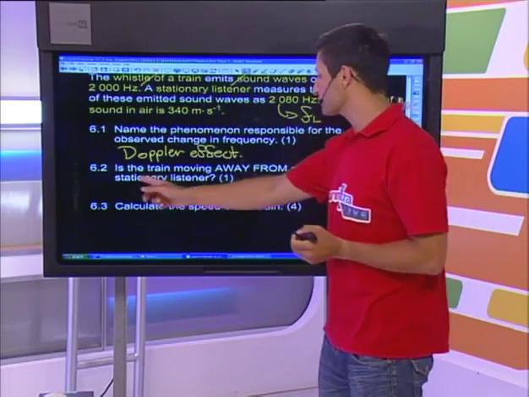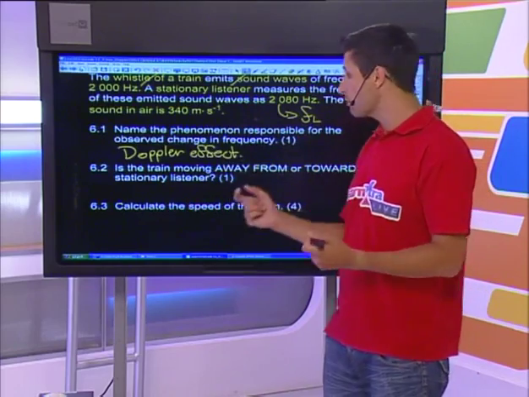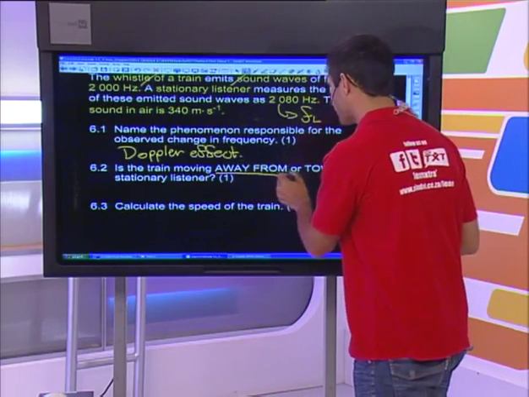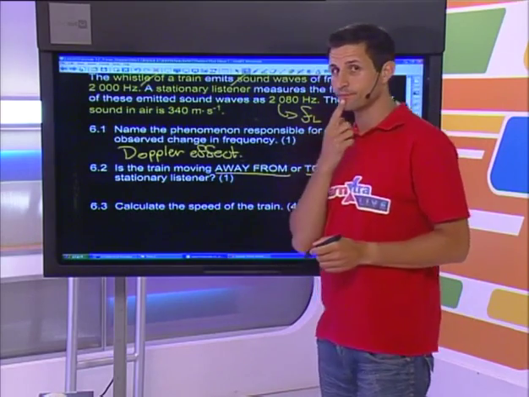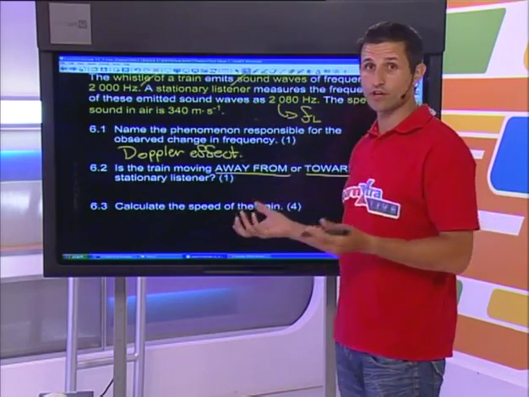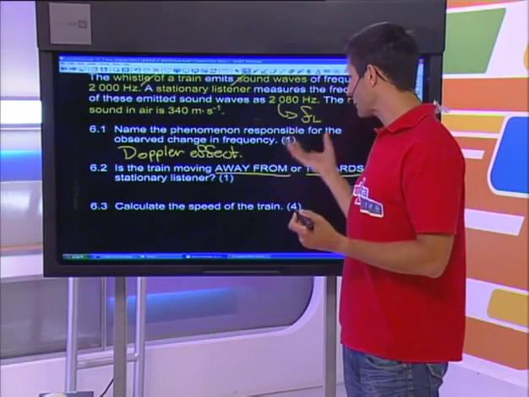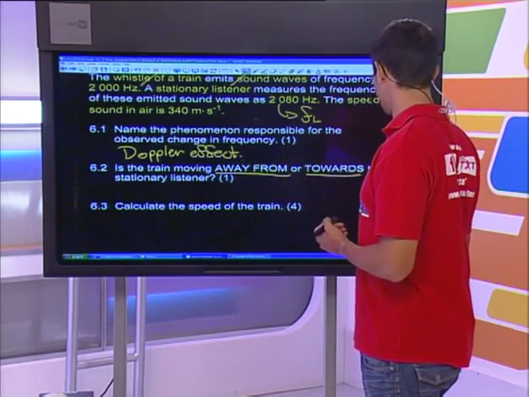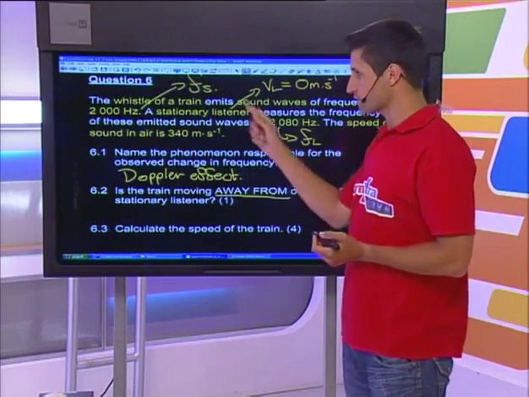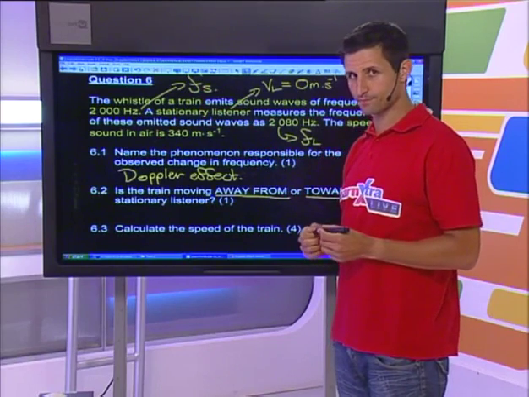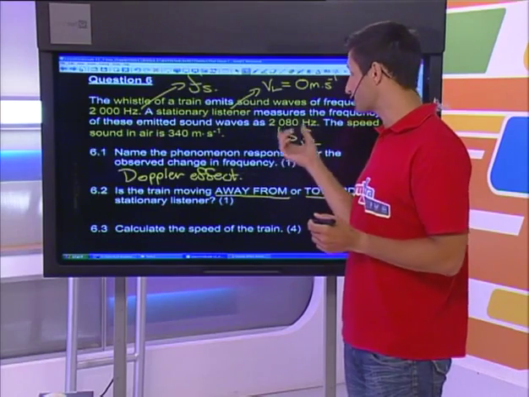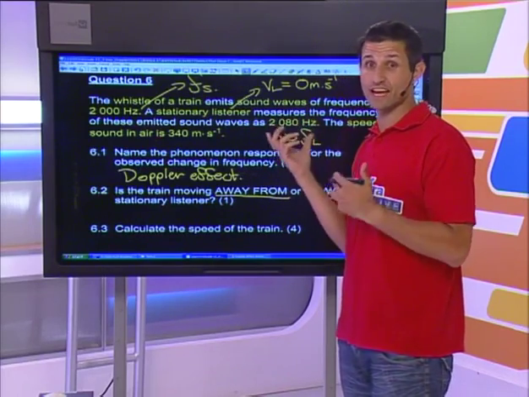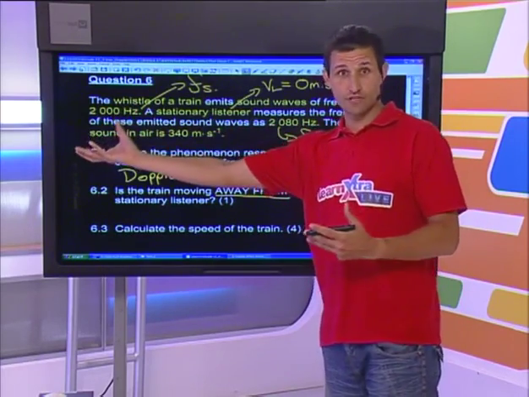Now it says, is the train moving away from or towards the stationary listener? Here I've got to be very, very careful. I've got to compare the frequency of my listener to the frequency of my source. Well, I see that the frequency of my listener is greater, so 2080 is greater than 2000.